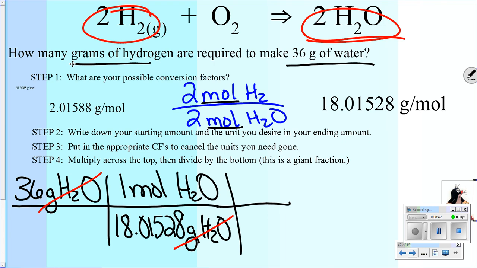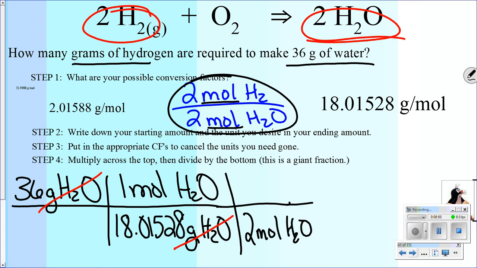So now for my moles, I can use the factor that I wrote up here directly as it's written. I've got 2 moles of H2O and 2 moles of H2. Now, mathematically in this problem, that obviously doesn't affect your answer at all, but it is nice to get in the habit of making sure that we change from one substance to another, because it's not typical that those numbers would be the same.